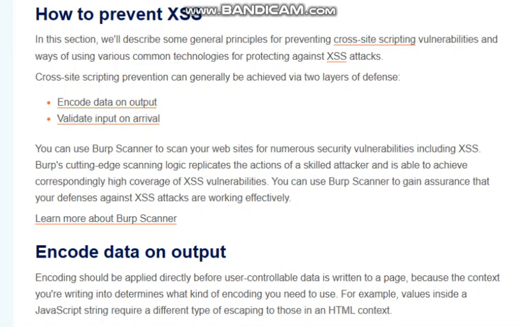You can use Burp Scanner to scan your website for numerous security vulnerabilities, including XSS. Burp's cutting-edge scanning logic replicates the actions of a skilled attacker and is able to achieve correspondingly high coverage of XSS vulnerabilities. You can use Burp Scanner to gain assurance that your defenses against XSS attacks are working effectively.